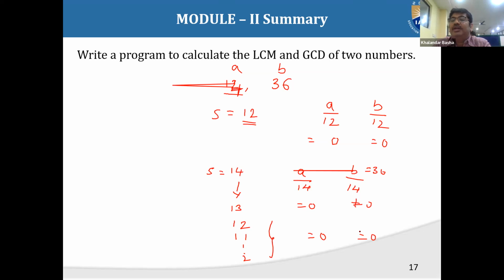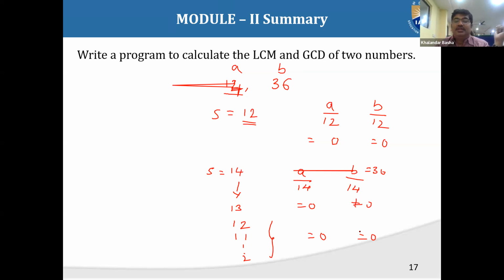If both remainders are equal to 0, then we take the smallest number as GCD. Suppose one of these two conditions fails, that means if the remainder of A divided by the smallest number or B divided by the smallest number is non-zero, any one of these, then we go for the next iteration where the smallest number is reduced by 1. Then again we go for finding the remainder. So this will be a continuous process. This is one way.